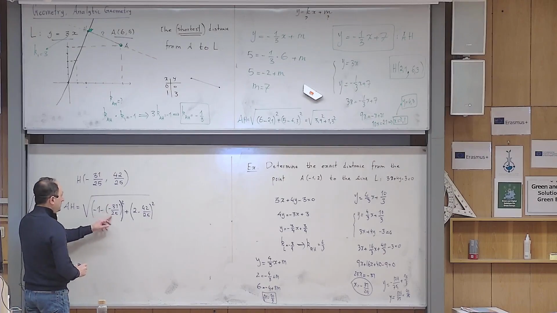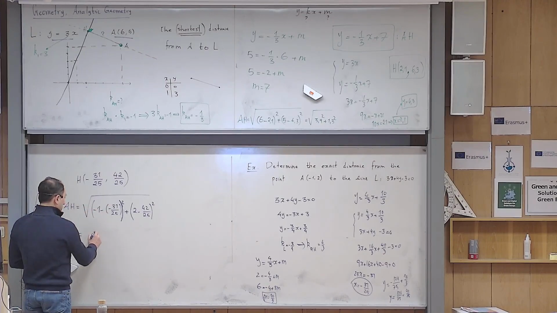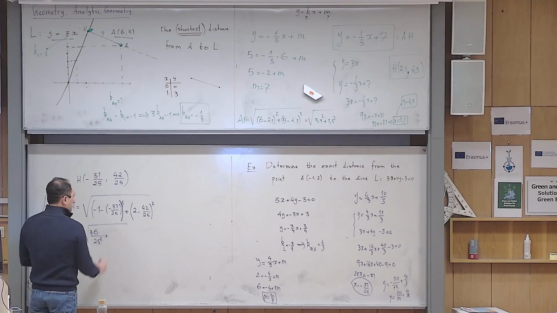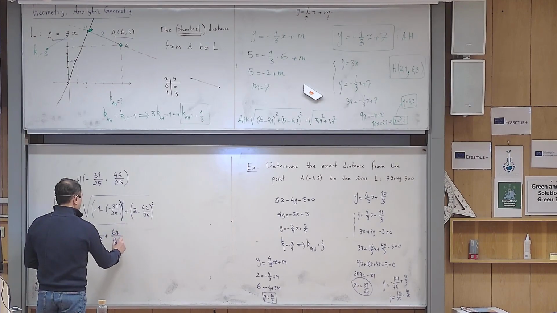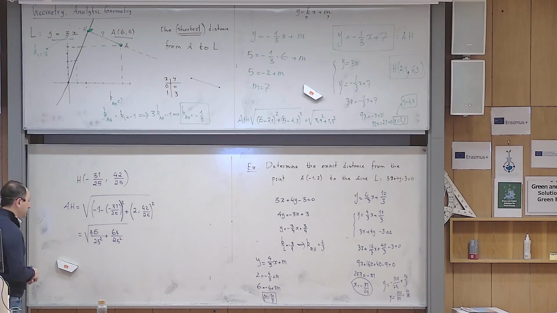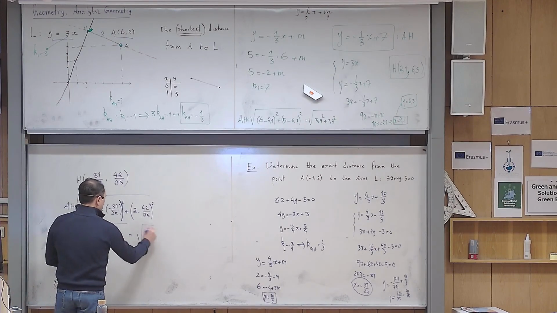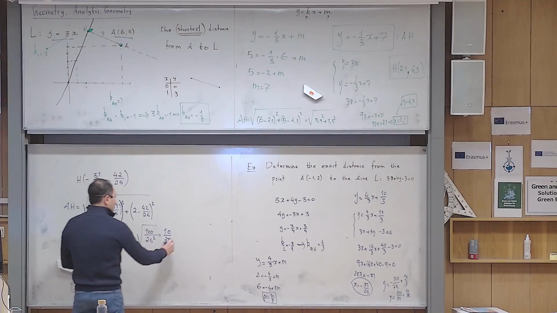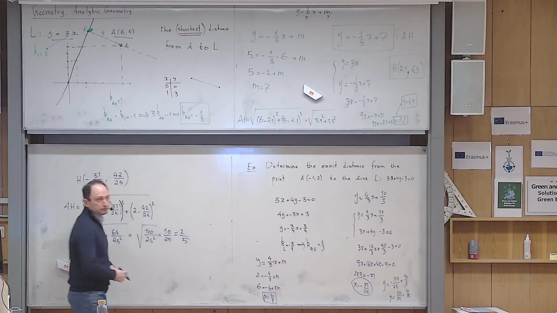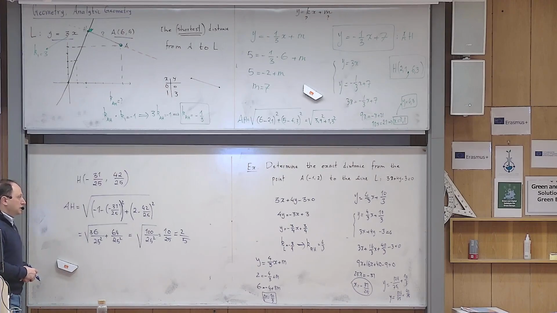So it is 31 and then 6 over 25, 36 over 25 squared, plus this one is 64 over 25 squared. The numbers are very good. It's very strange. So then it becomes 100 over 25 squared, which is 10 over 25, which is 2 over 5 only. It was very strange that the numbers at the end turn out very friendly.